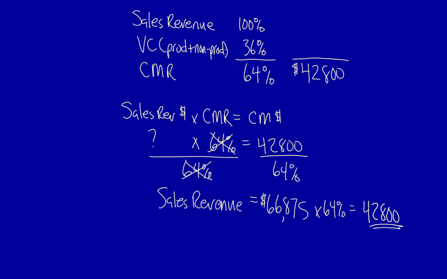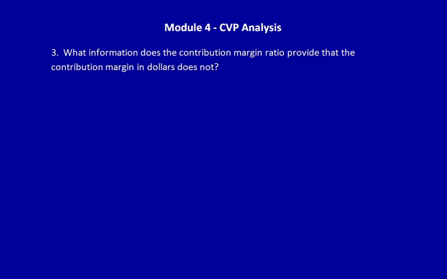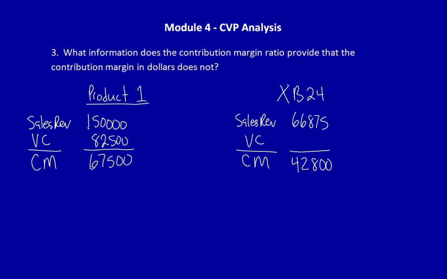Let's move on to the next part of the question. What information does the contribution margin ratio provide that the contribution margin in dollars does not? Let's look at the two products produced by Orange Inc. to see why the ratio is more valuable than the dollar amount. We'll do this by comparing the two products. For product 1, which was the contribution margin income statement at the beginning of the question, we have sales revenue of $150,000, variable cost of $82,500, and contribution margin of $67,500.